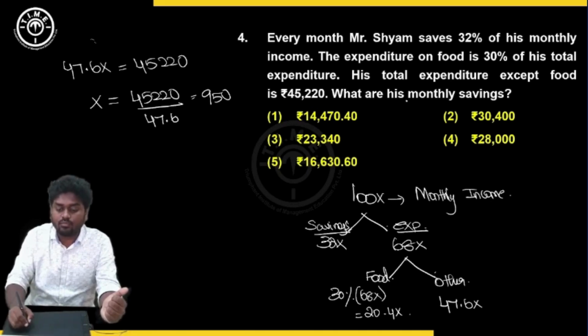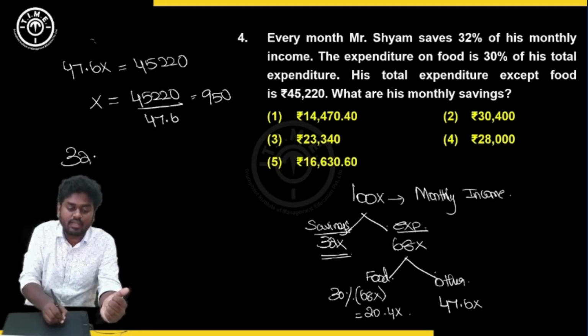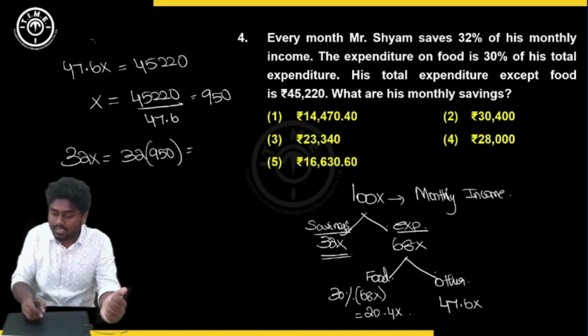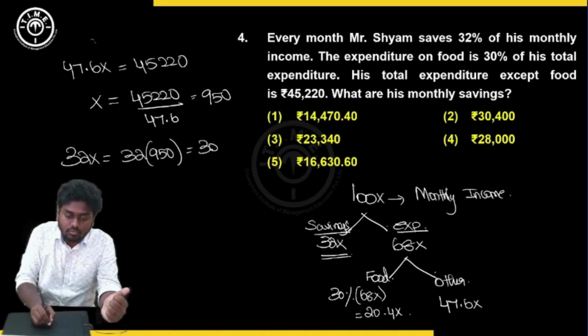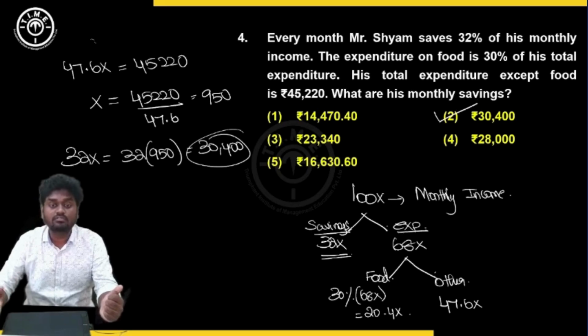We have to find his monthly savings. Savings is 32x, so we find the value of 32x, that is 32 into 950, which gives 30,400. So the answer for the given question is option 2, 30,400. This is monthly savings. Is that clear, everyone? Easy question.